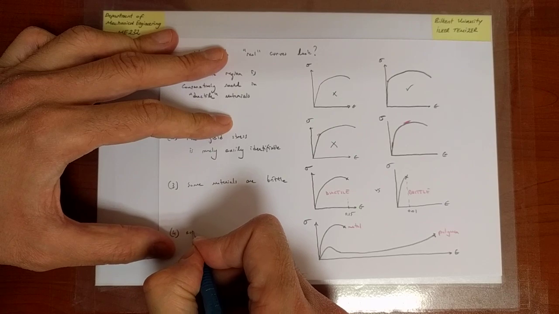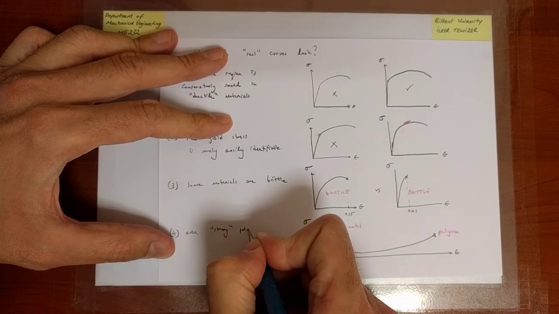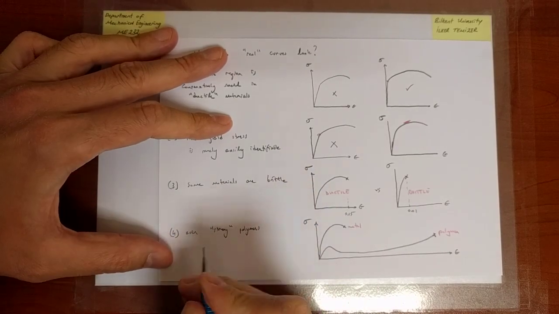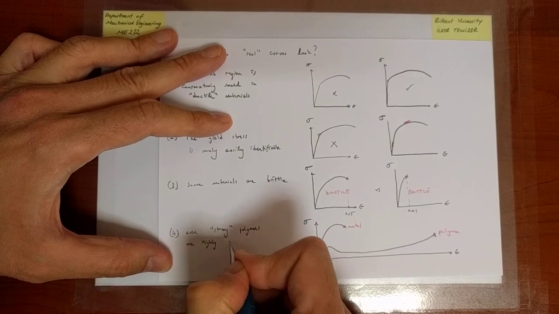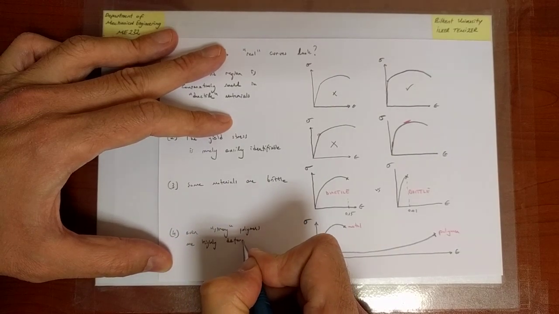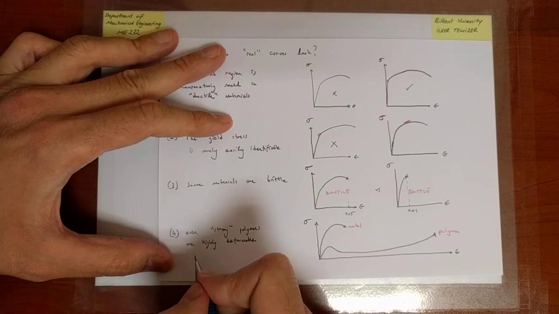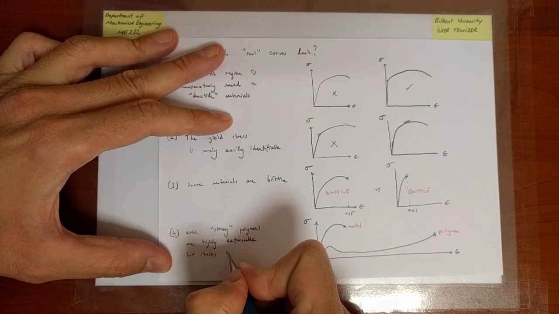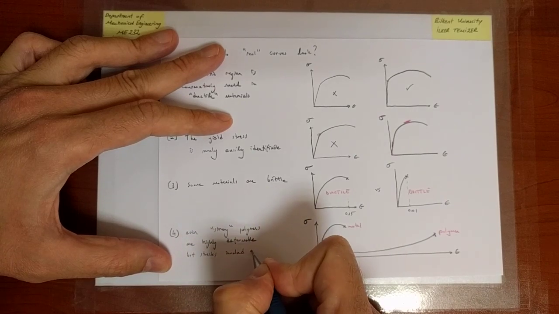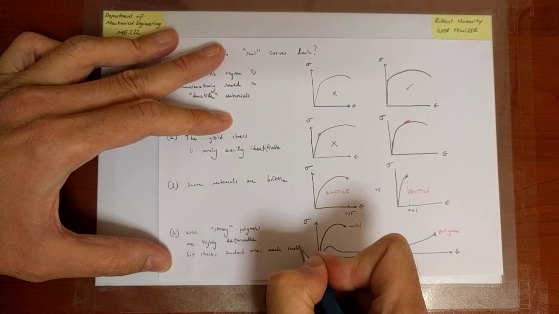So even strong polymers are highly deformable, but stresses involved are much smaller.